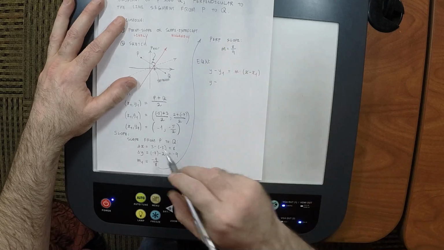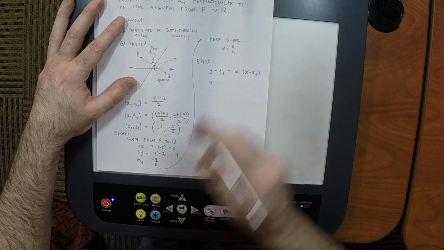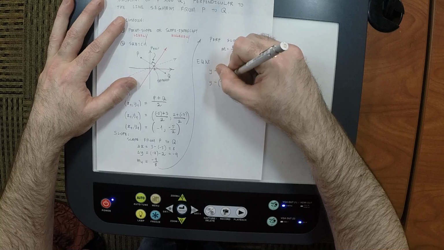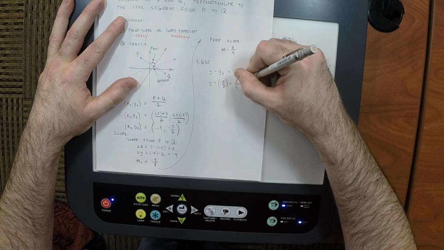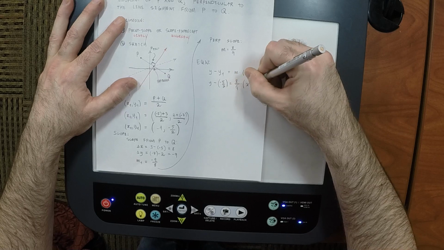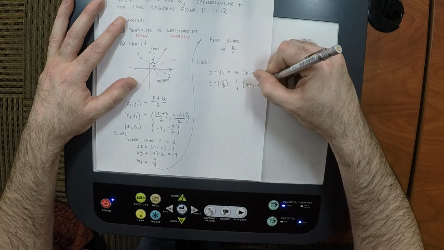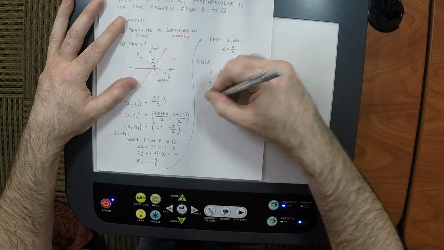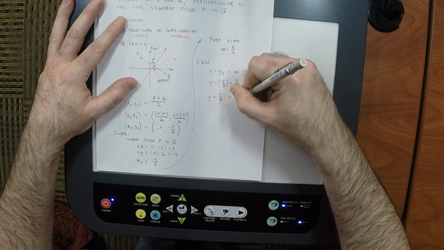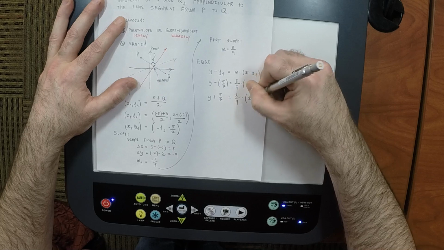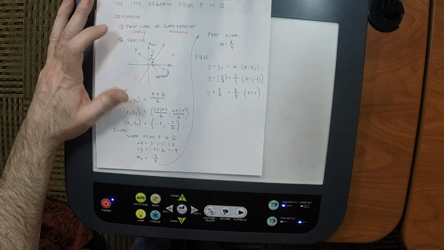So y minus negative 5/2 is equal to 8/9 multiplied by x minus negative 1. So y plus 5/2 is 8/9 times x plus 1.